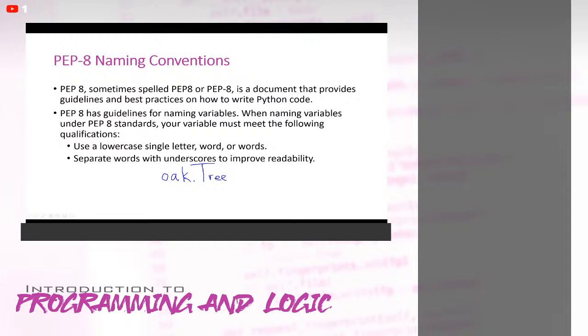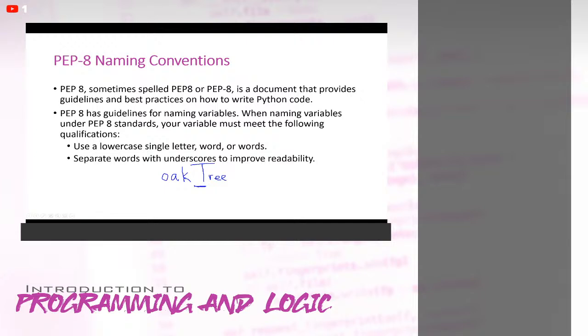So all these letters would be put together as one word. And the demarcation point here, the place where we can tell one word from another word, is this idea of camel casing, where we have this one letter that's capitalized in the middle of our word that denotes the transition from the word oak to the word tree.